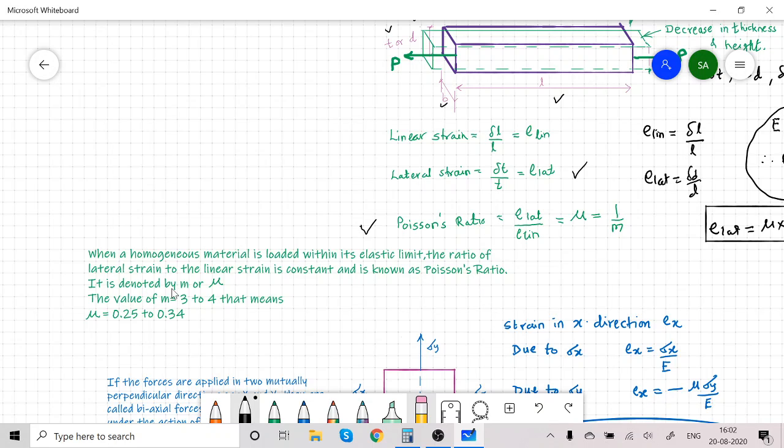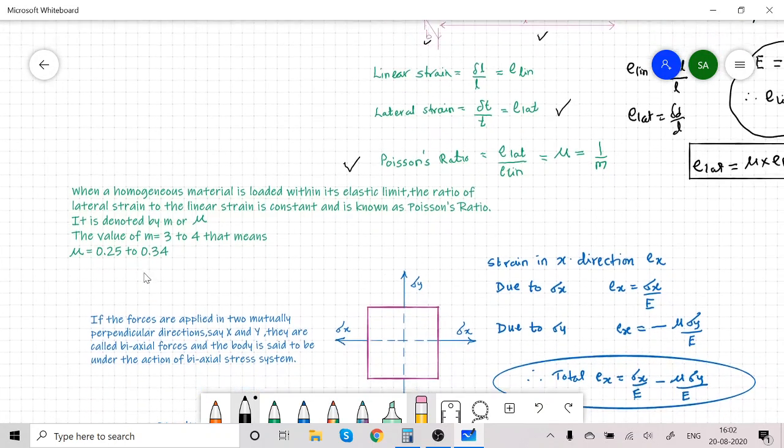It is denoted by m or mu. The value of m is 3 to 4. That means mu, which is 1 upon m, is between 0.25 and 0.34.